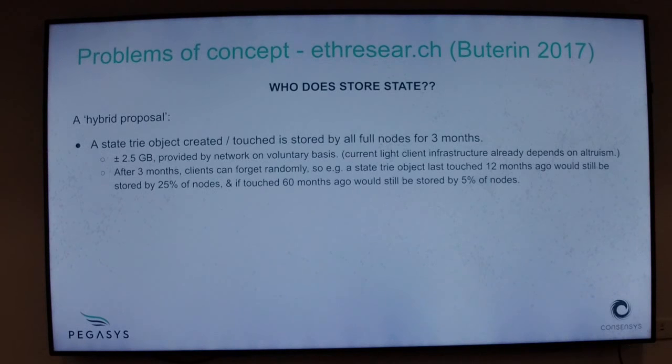But his reasoning was that if a state tree object was last touched 12 months ago, it will still be stored by about 25% of the nodes in the network. And if it's touched 60 months ago, it'll still be stored by about 5%. Now, I'm a bit skeptical of this, and I haven't seen much mention of it. It felt complicated. Yeah, I agree.